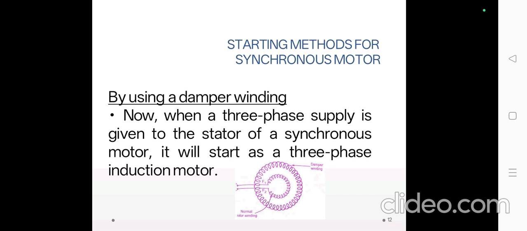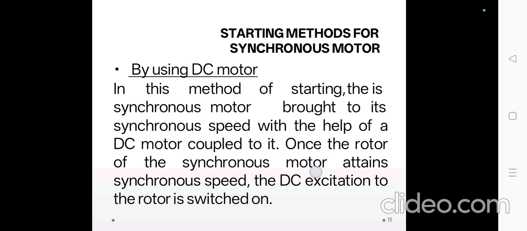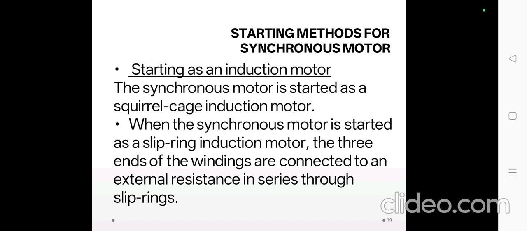Next one is the synchronous motor as a slip ring induction motor. The above method of starting a synchronous motor as a squirrel cage induction motor does not provide high starting torque. So to achieve this, instead of shorting the damper winding, it is designed to form a three-phase star or delta connected winding.